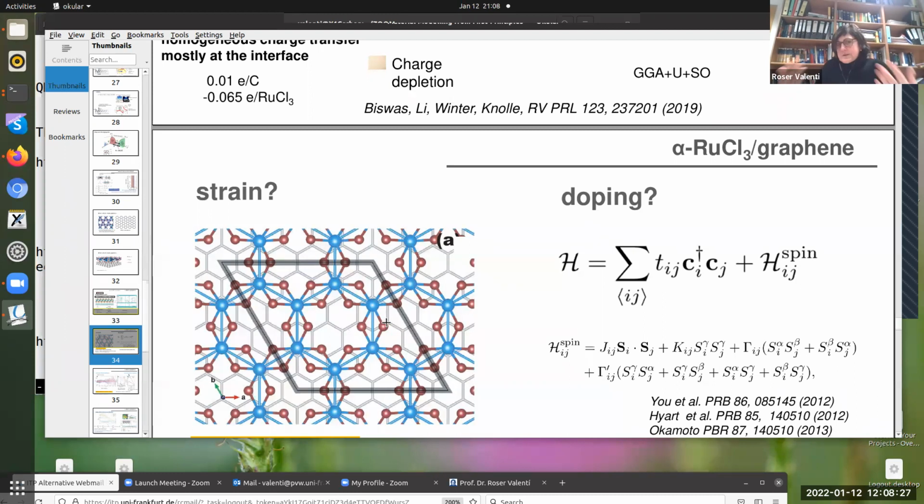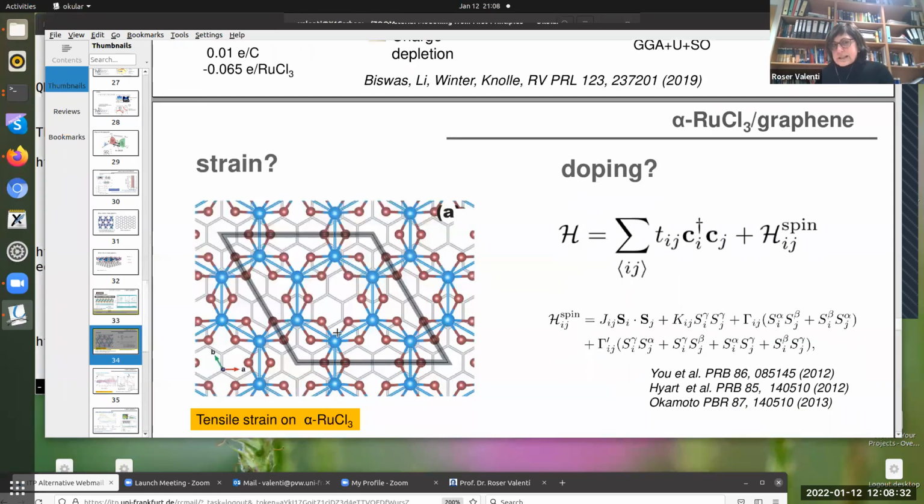This is with DFT relaxations, which give you the most stability. And we found this type of orientation. Then, in order to be sure that this has something to do with the experiment, we compared. Each orientation gives you different strains. So we were comparing with, for instance, Ken Burch, who had done some measurements to see whether they were seeing tensile strain or compressive strain, which is related to how I orient.